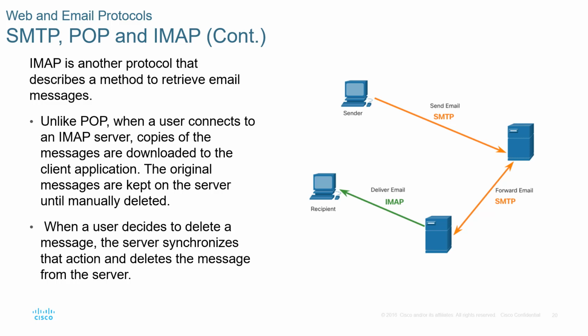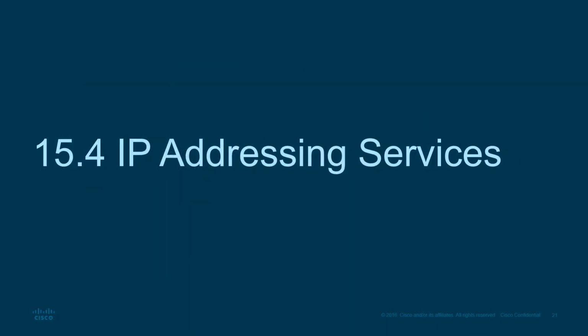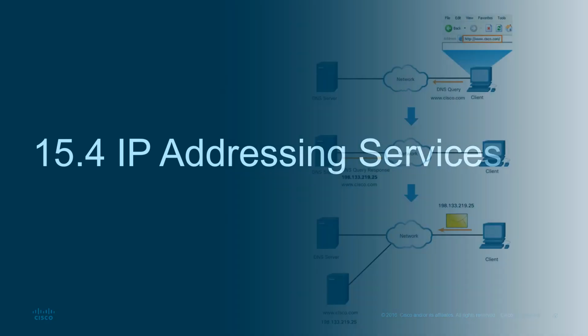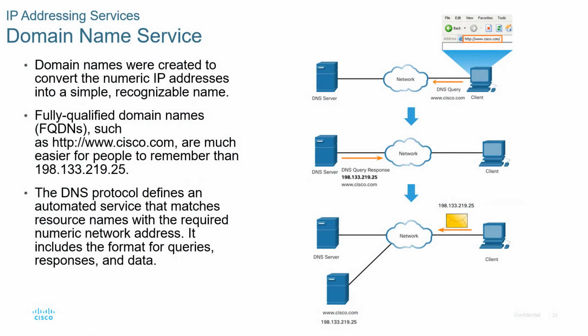So moving on, let's talk about services for functionality. DNS and DHCP are the big two. DNS is Domain Name Service. Again, it translates a fully qualified domain name, FQDN, like www.cisco.com, and it allows us to translate google.com to an IP address.